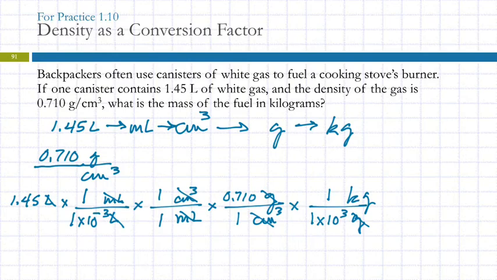So now we're just going to go across from left to right, multiply by the top, divide by the bottom. 1.45 times 1 divided by 1 EE negative 3 times 1 divided by 1 times 0.710 divided by 1 times 1 divided by 1 EE 3.